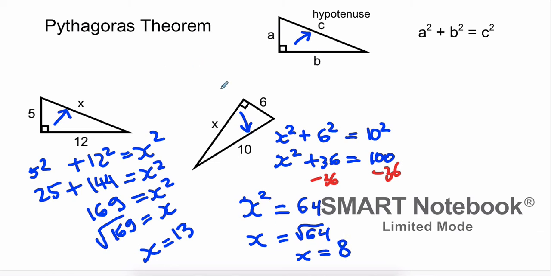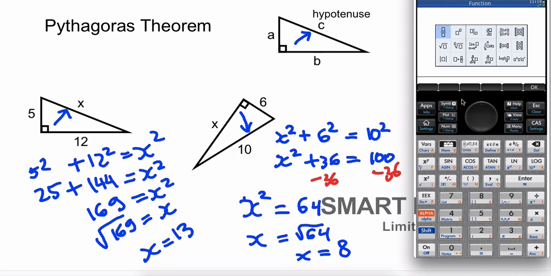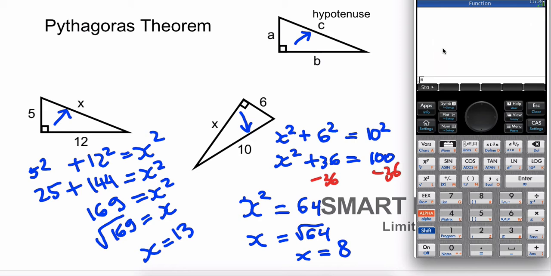Okay? All right, so I just would like to show you something very quick here. In your calculator, there is a very handy button. So here I have that button, and then square root sign is this one. So if you would like to just enter everything in one go, so for instance, in this case, I know x will be square root of 10 squared minus 6 squared, then I can just enter it all in one go.